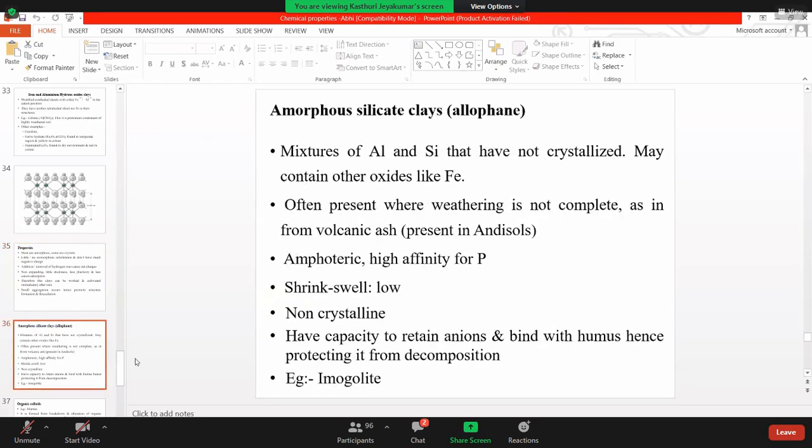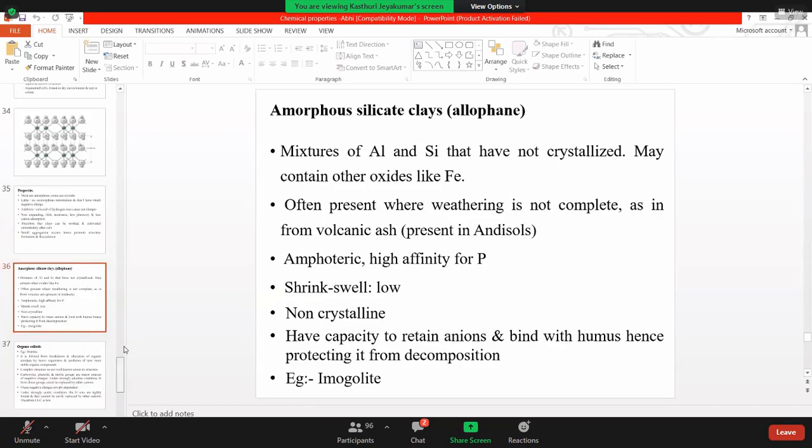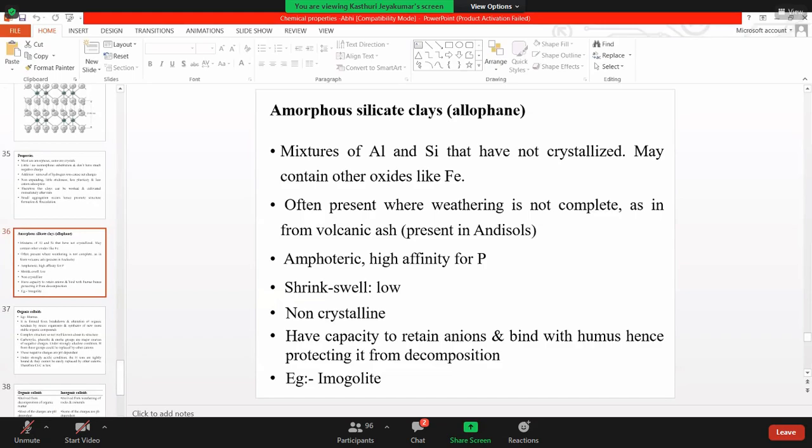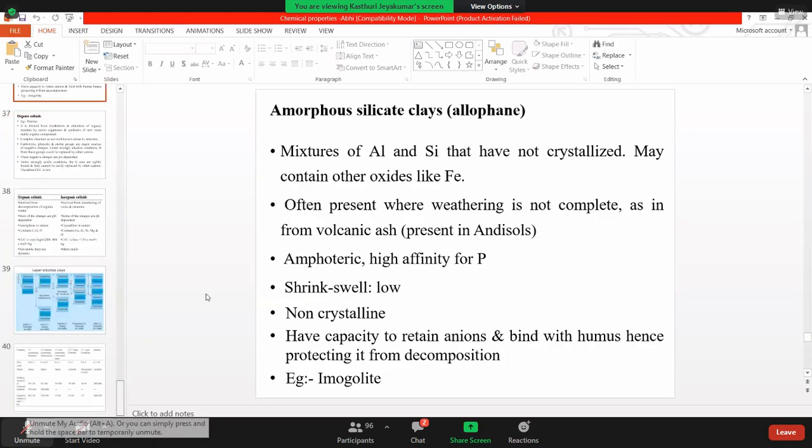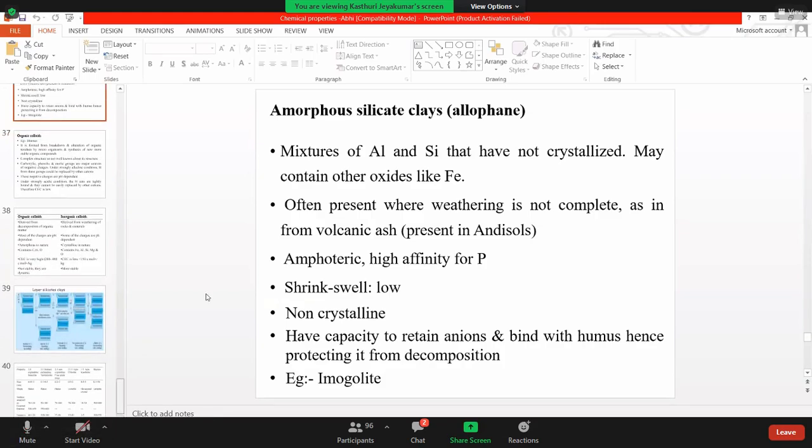The next major category is amorphous silicate clays. Who is going to explain this one? Okay.